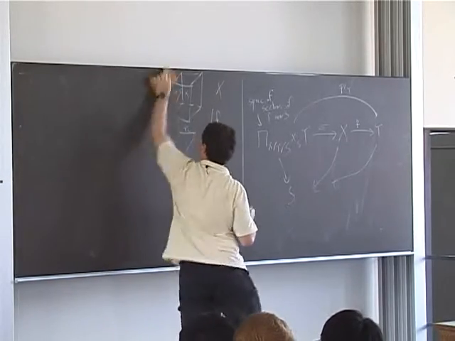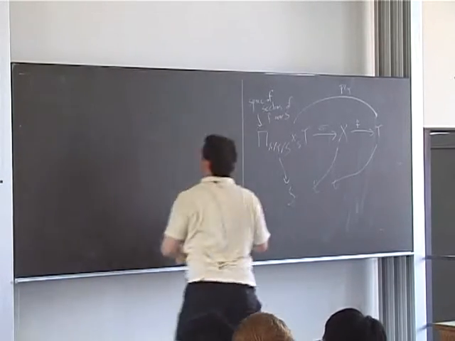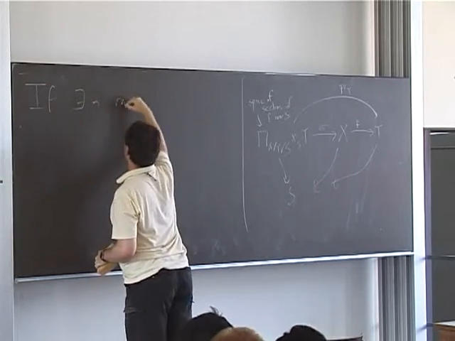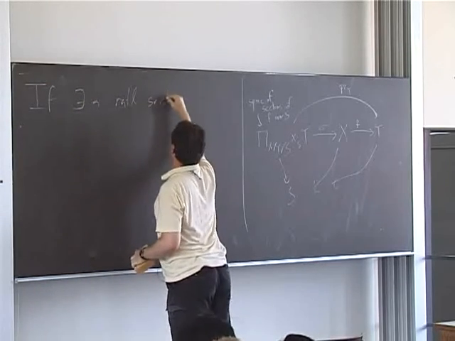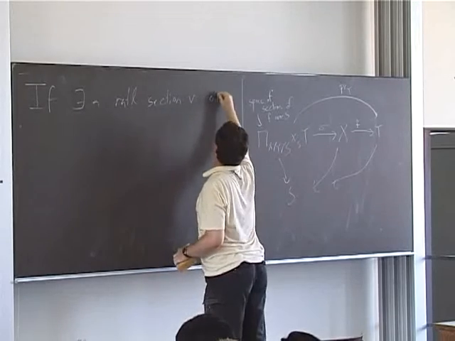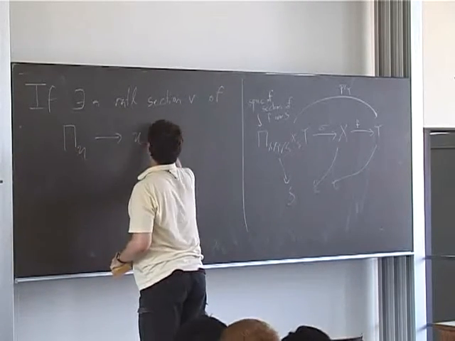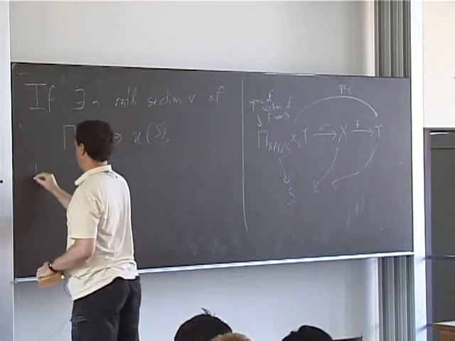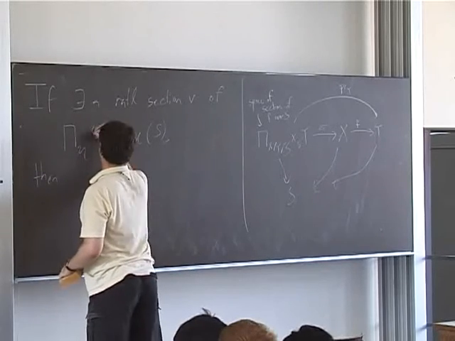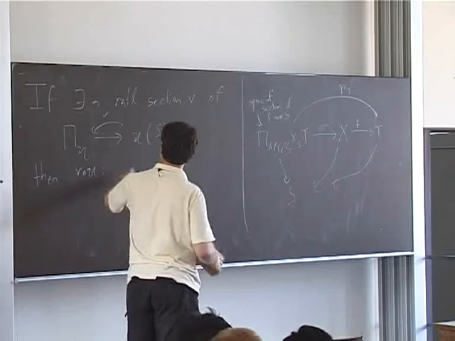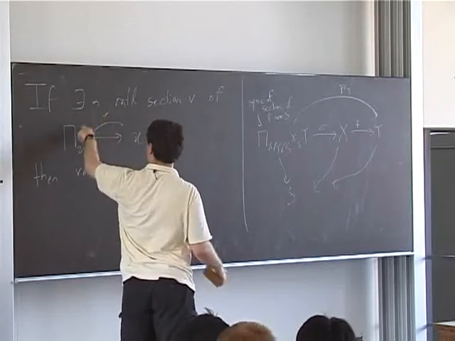So if there exists a rational section V of pi_U to U of S, that's this V here, then V composed with U. U maps S to U of S, and then V maps U of S to pi.